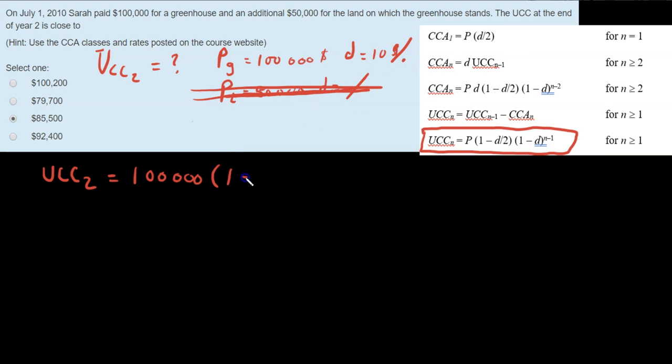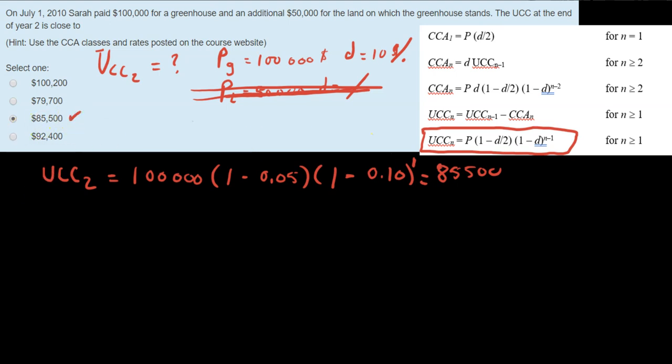So 1 minus 10 over 2, 5%, 0.05, multiplied by 1 minus rate, 0.10, to the power of n minus 1, where n is your current year. So 2 minus 1 is 1. And multiplying this out, guys, you get 0.9 times 0.95 times 100,000. Gives you 85,500. Right? And that is your answer right here.